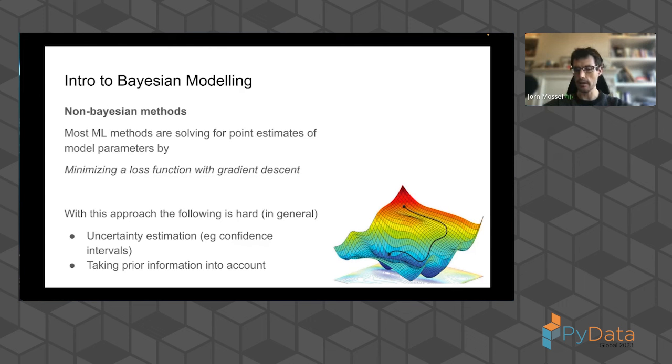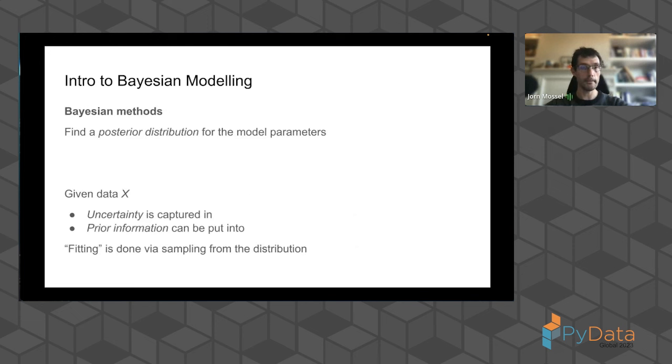Think about how you would go about constructing a confidence interval, for instance. Or if you have some prior information, whatever that may be, it's typically not very easy to incorporate that in your standard non-Bayesian framework.